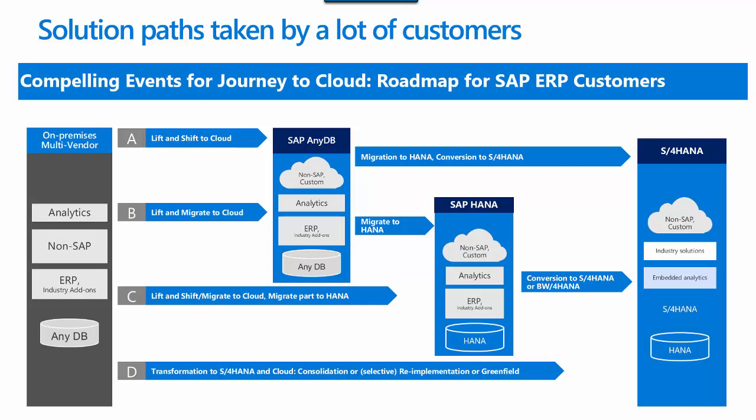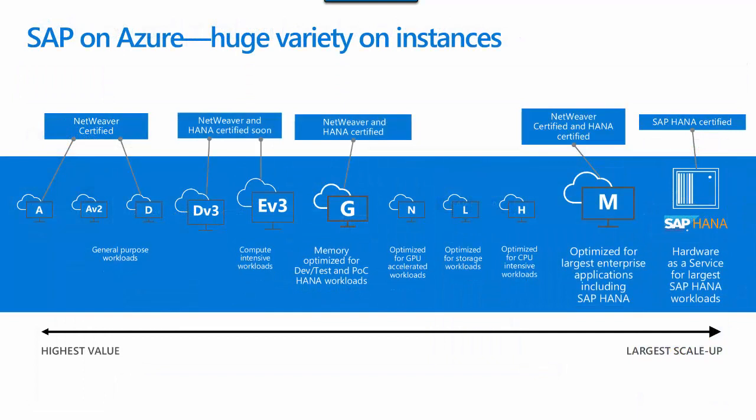And there's yet another group of customers who would like to re-implement what they have on premises onto S4 HANA on Azure directly without going through the interim steps. They can do so as well. So we see these are the few possible migration paths customers currently experience.